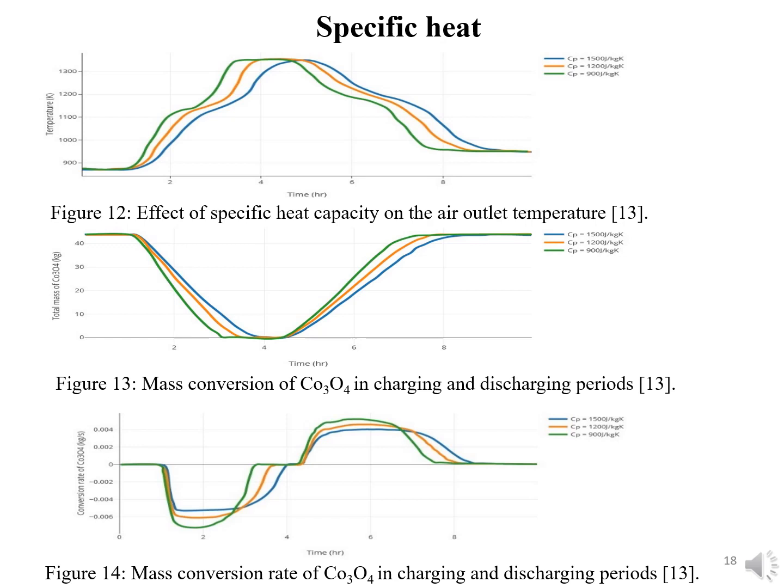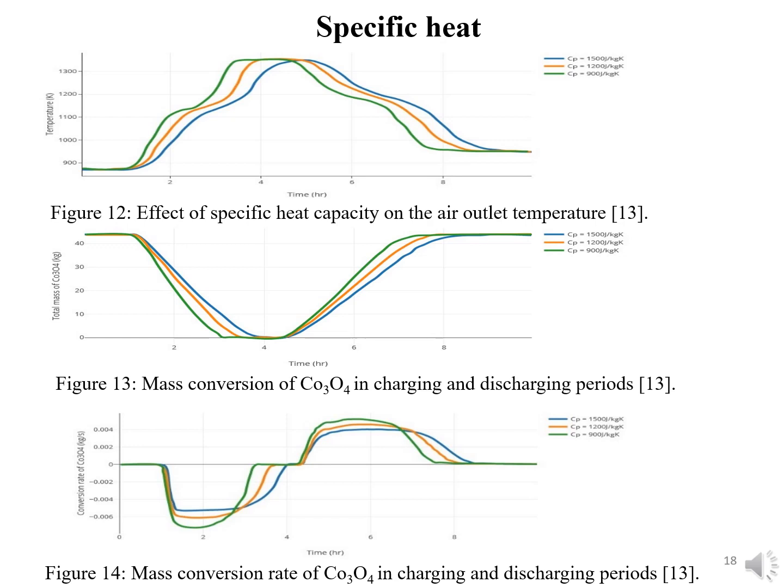In the first graph, air outlet temperature increased to 1350 Kelvin in just 4 hours when specific heat was 900 joule per kg Kelvin, and reached up to 1280 Kelvin with 1500 joule per kg Kelvin specific heat within the same period. With smaller specific heat, the outlet air temperature dropped quickly during discharging, while higher specific heat resulted in more gradual heat release. The second line graph shows the total mass versus time graph.